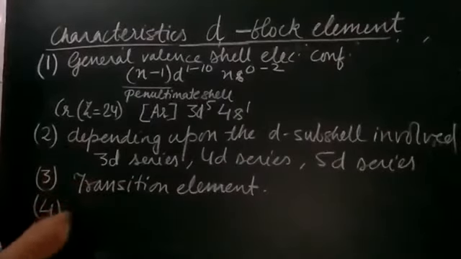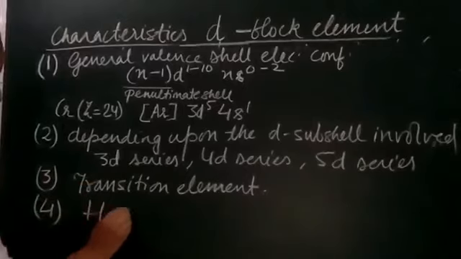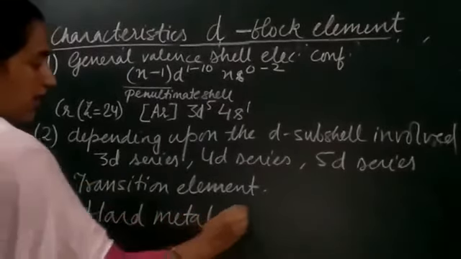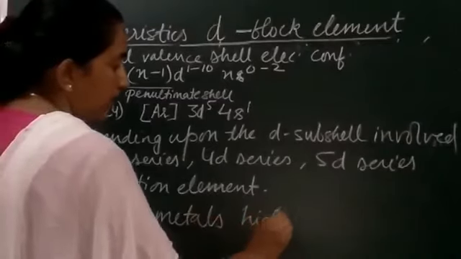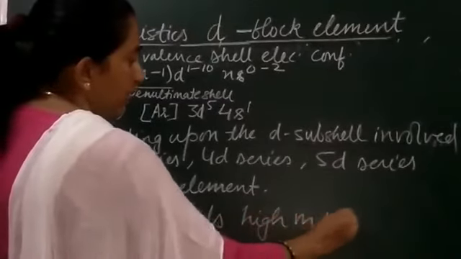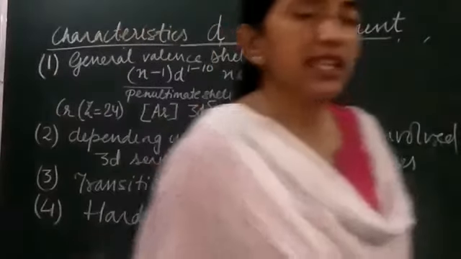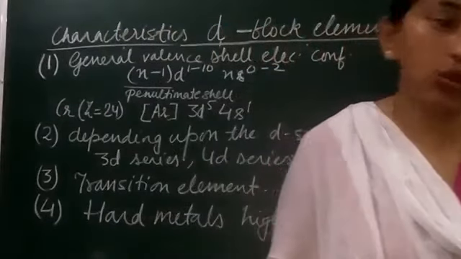Now these D block elements are hard metals having high melting point and boiling point. So students, they are hard metals having high melting point and boiling point.